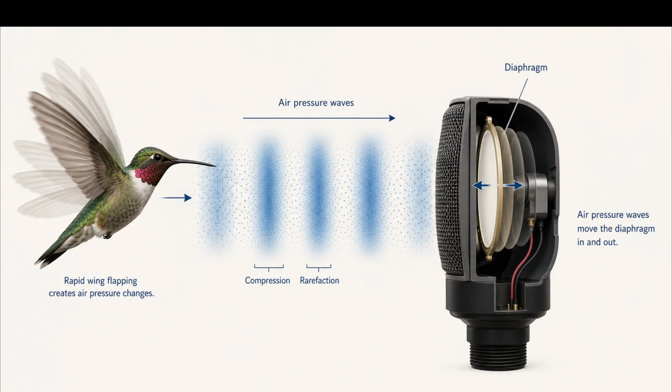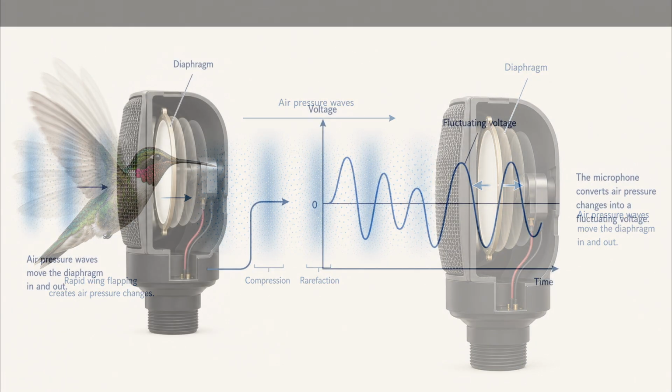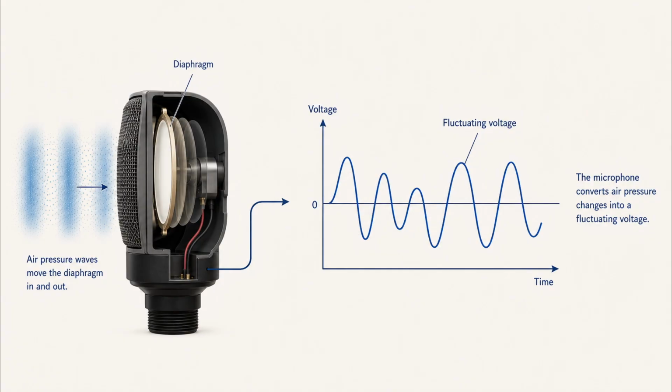The diaphragm moves when the hummingbird is next to it. The hummingbird flaps its wings toward it, and the microphone moves in. It flaps its wings away, and the microphone diaphragm moves out. And so it obviously records the differences and how far it moves, which would equate to volume, and of course in time.